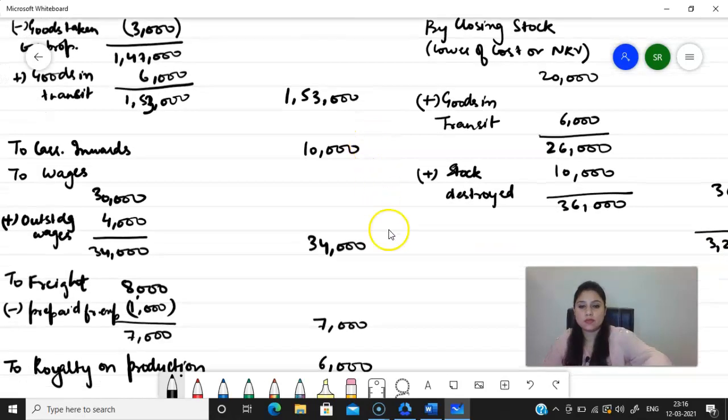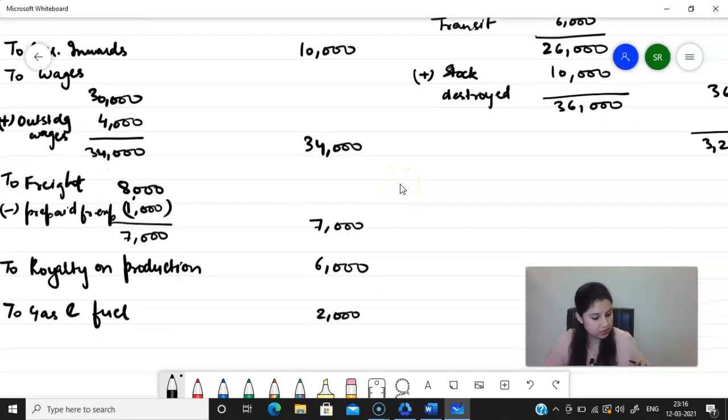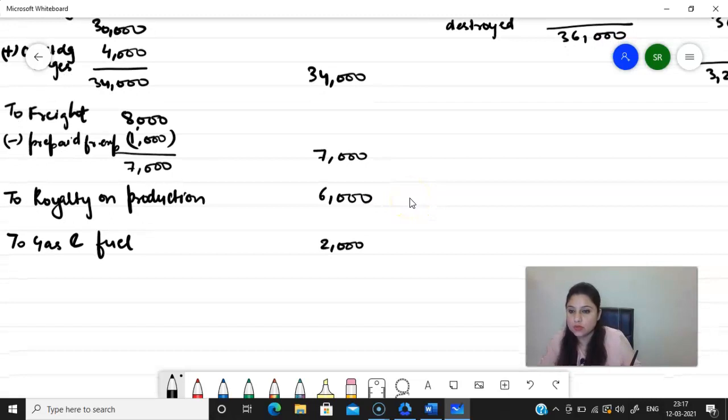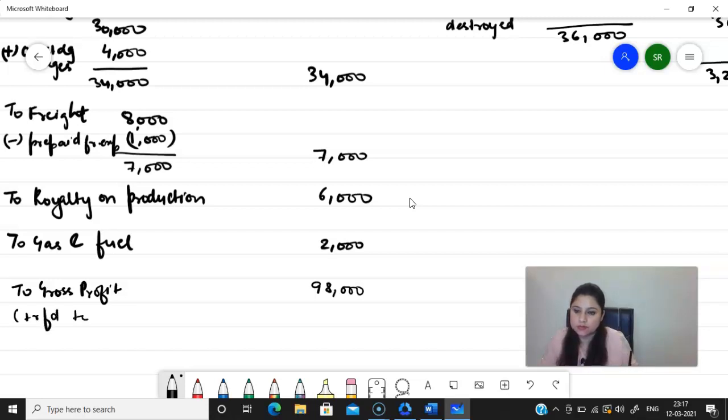Then we have 10,000 once again, 34,000 plus 10,000 plus 34,000, then plus 7,000 plus 6,000 and plus 2,000 minus 3,20,000 will give us 98,000 to be the gross profit, which will be 98,000 and thus transferred to the P&L account, transferred to profit and loss account.